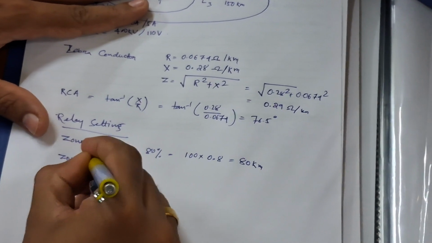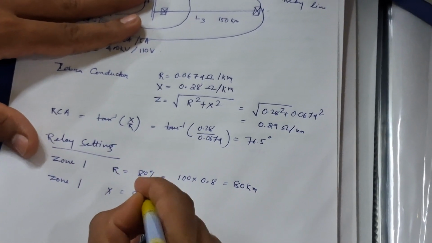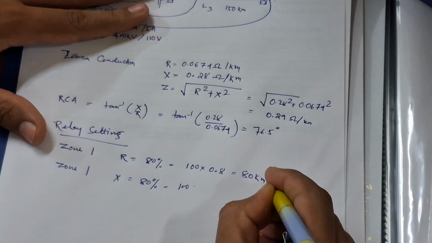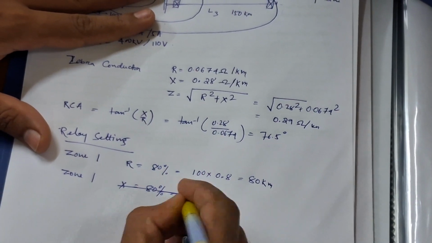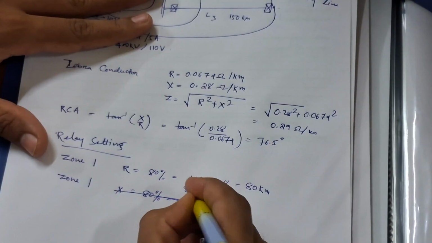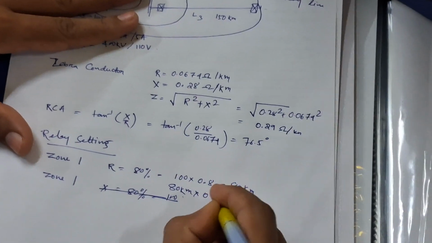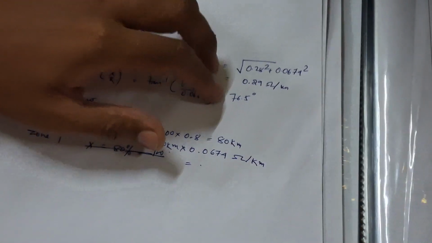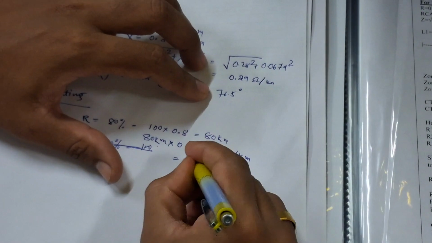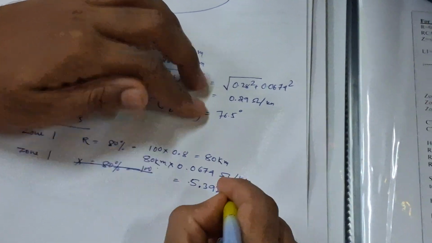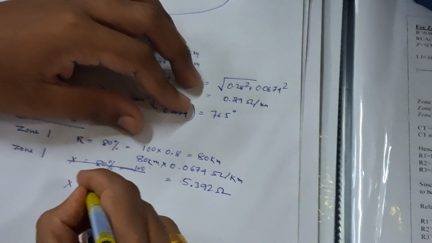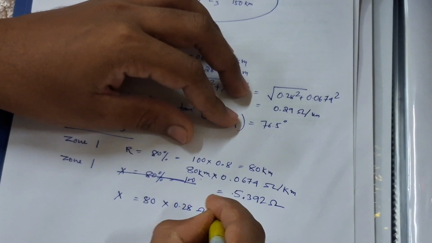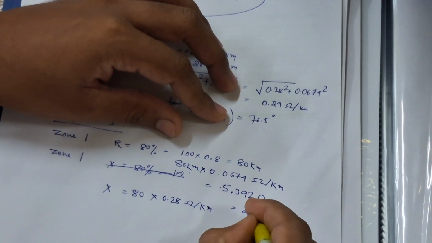For zone 1, R would be 80 kilometer into 0.0674 ohm per kilometer, that would come around 5.392 ohm. For zone 1, X would be 80 into 0.28 ohm per kilometer, that would come 22.4 ohm.